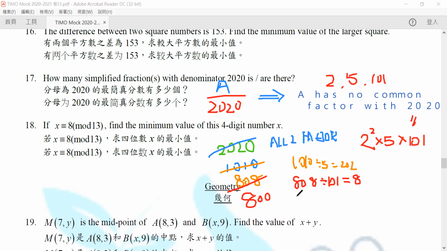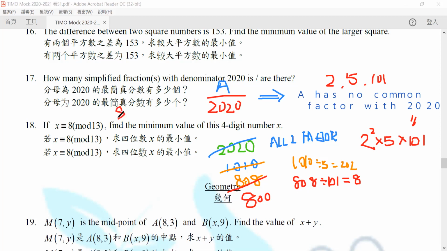And that 800 is because we have crossed out all the factors of 2, 5, and 1001, which is all a factor of 2002 and no other factors, right? So these 800 numbers all have no common factors with 2020.